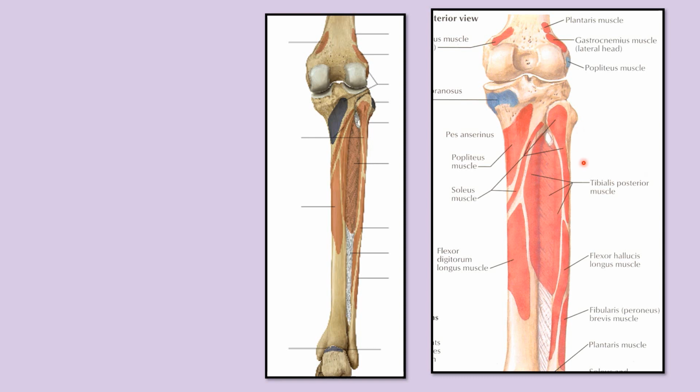Just below the origin of soleus, here in the interosseous membrane region and on the tibia and on the fibula, we find the origin of three other muscles. Tibialis posterior has the bulkiest origin here, which is on the tibia as well as on the fibula and also on the interosseous membrane. On the tibia, just beside the tibialis posterior, we find the origin of flexor digitorum longus.